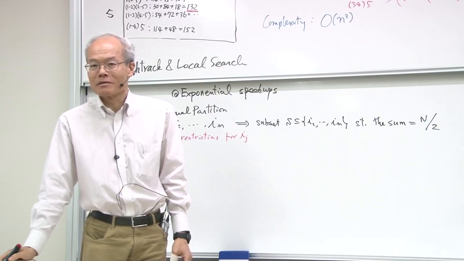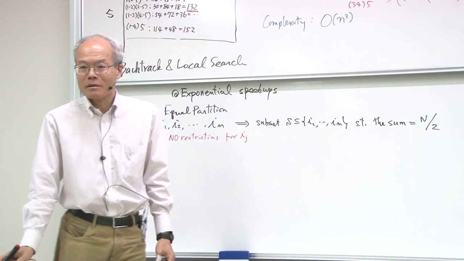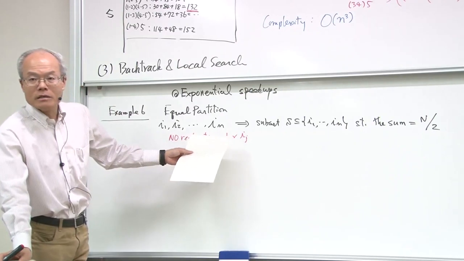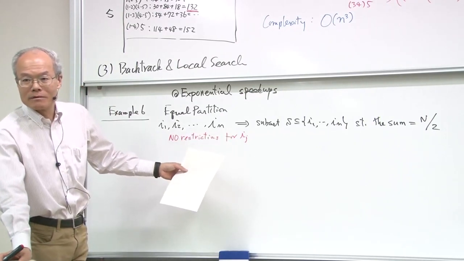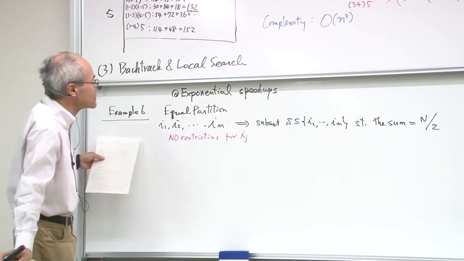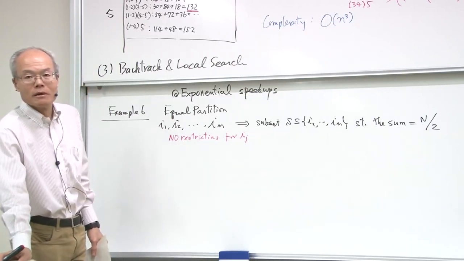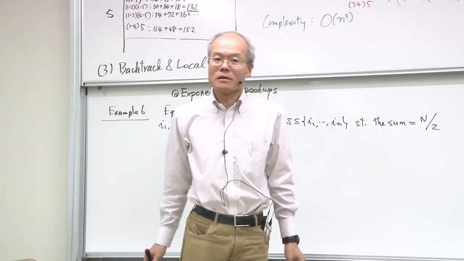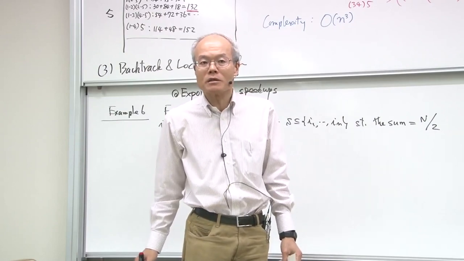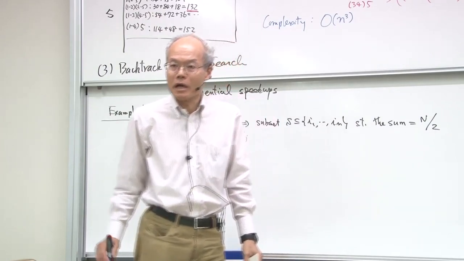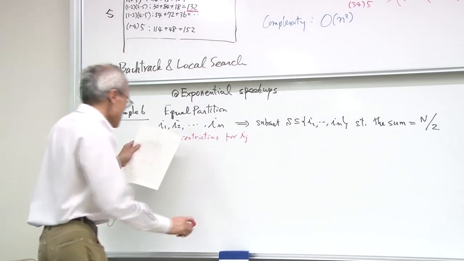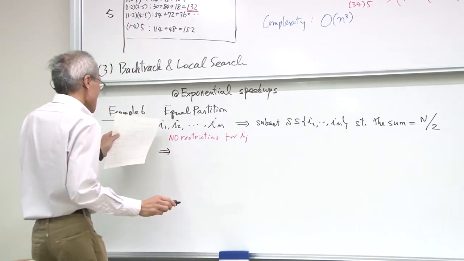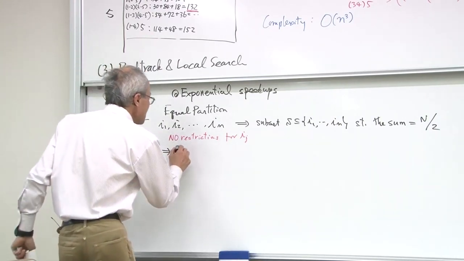Just look back at your notes. Our previous restriction is that each ij is at most 100. This time we have no such restriction. Each number can be big, unlimitedly large. Now, so exhaustive search.